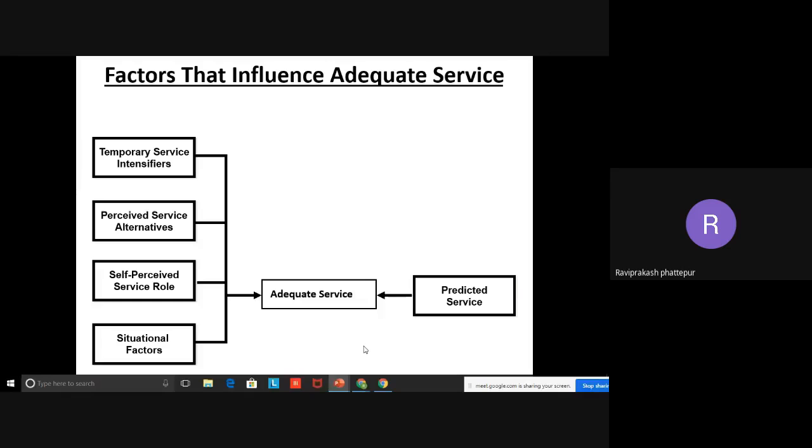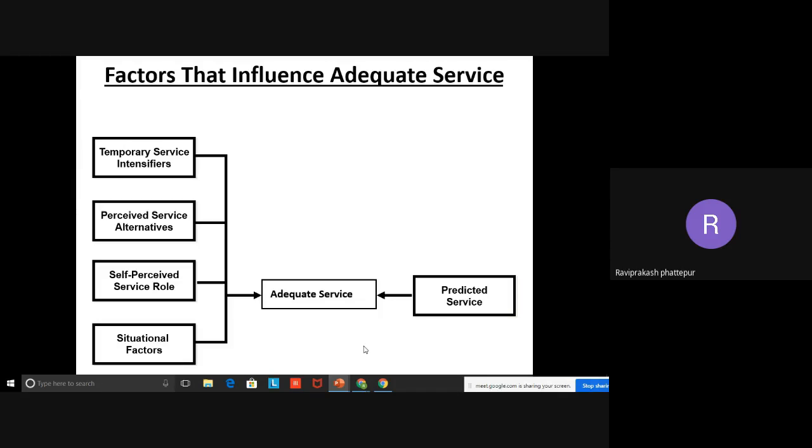Self-perceived service role. That means you as a customer, what are you doing to speed up that particular delivery of service? For example, if it is a place where you only have to take and eat, like a buffet, how fast you take the food depends on you. Or if you are hungry and you cannot wait for a longer period of time, you could have gone to a buffet. That means your role is very important. Nobody is there to serve you.